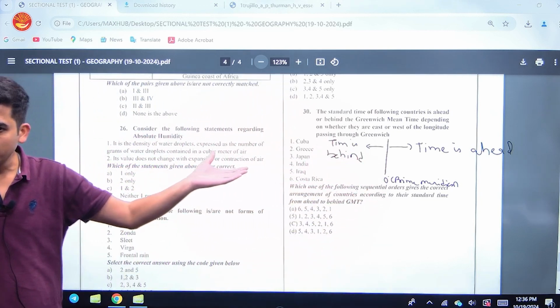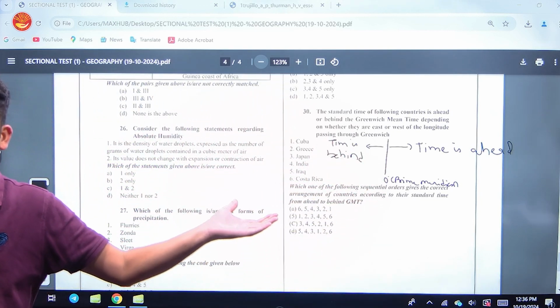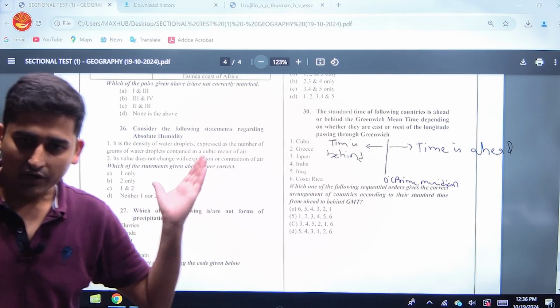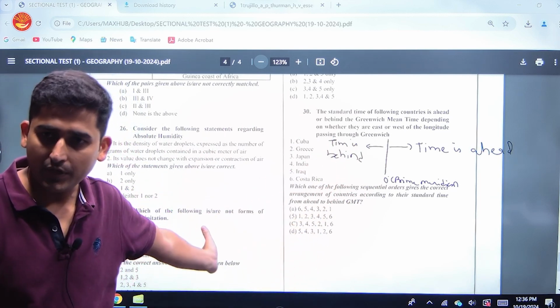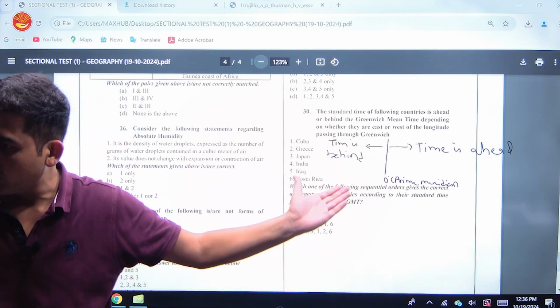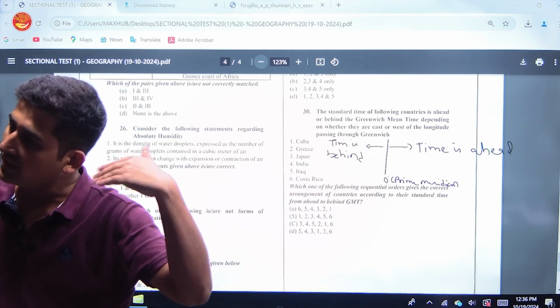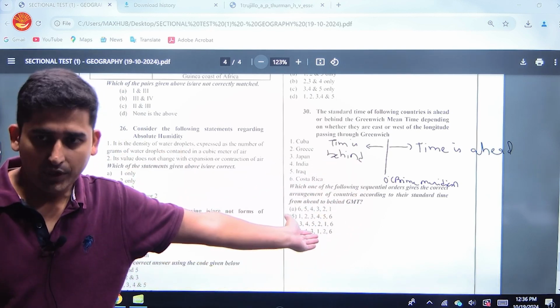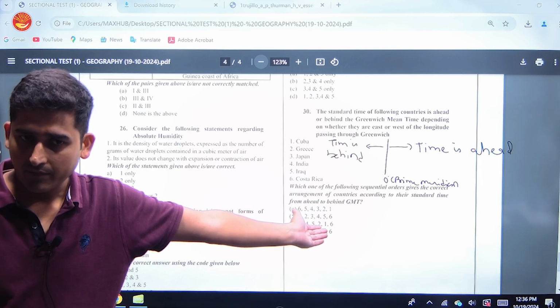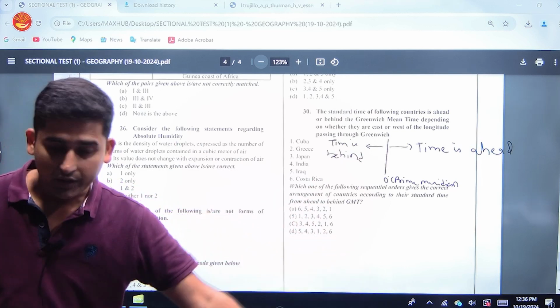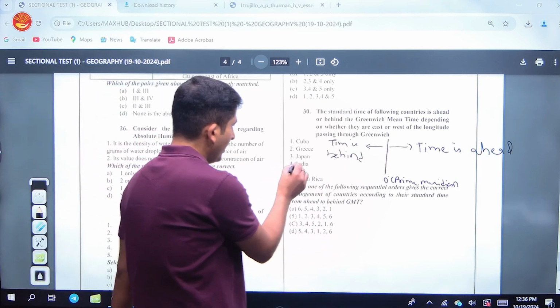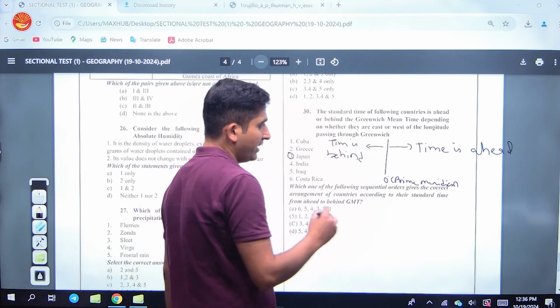Each 15 degrees of longitude experiences 1 hour ahead or 1 hour behind, meaning 1 degree of longitude is either 4 minutes ahead or 4 minutes behind the Greenwich Mean Time. So the easternmost country here is Japan.